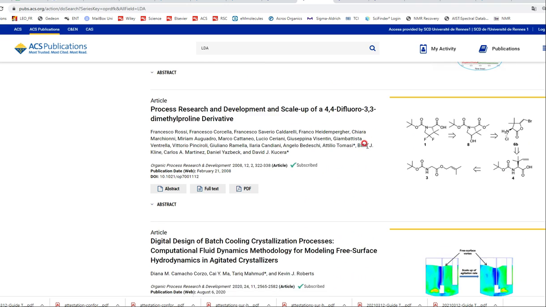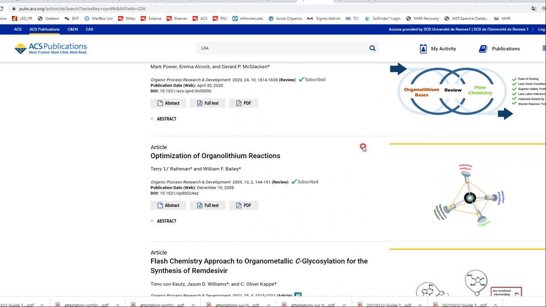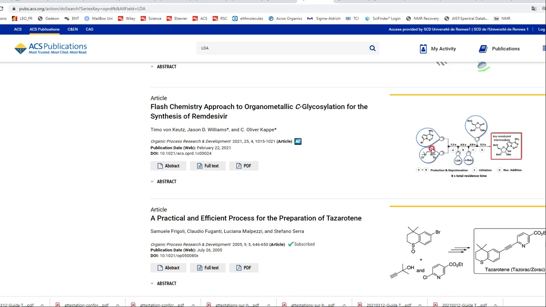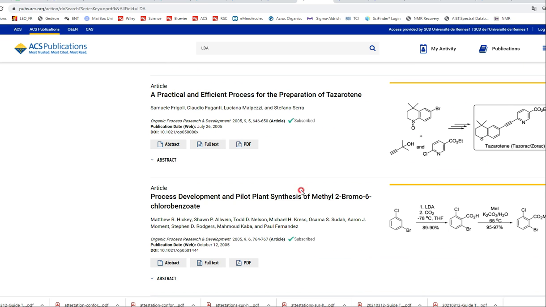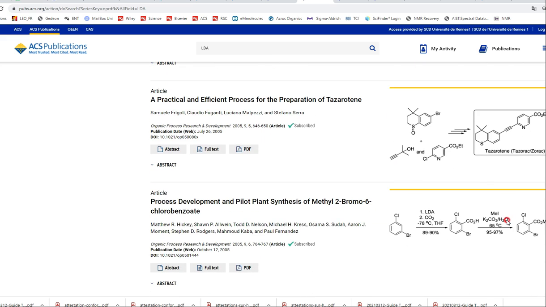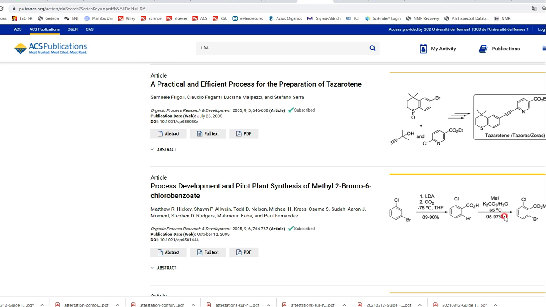See, you don't always need minus 80 degrees, minus 40 is also good. Here you have a review about flow chemistry, that's nice too. And so you can learn a lot. Or here methyl iodide, you've seen it. So you can see how a methylation takes place, or like this acid here, with quite some good yield.